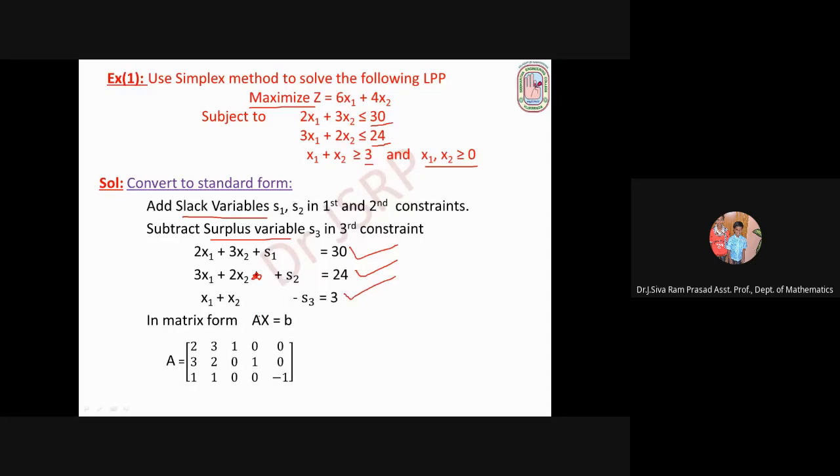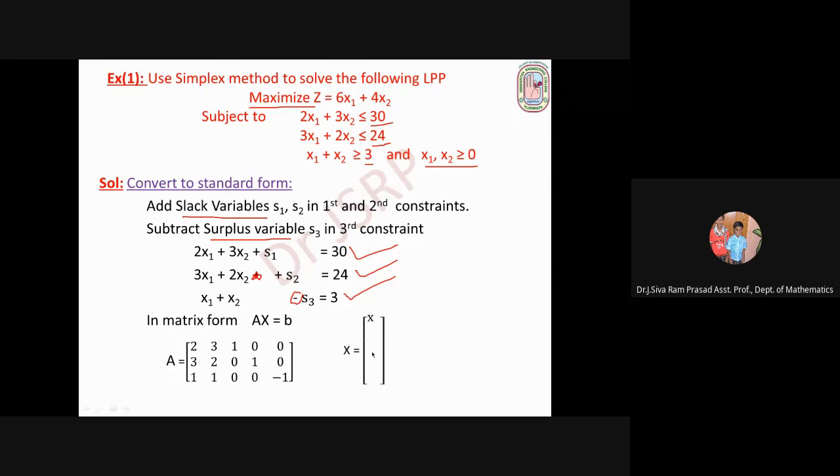Next, the third row, the coefficients of the third equation: x1 coefficient 1, x2 coefficient 1. There are no s1, s2 terms, so their coefficients are 0, 0. And the s3 coefficient is minus 1, since we have subtracted, that is minus s3. So this is the coefficient matrix.